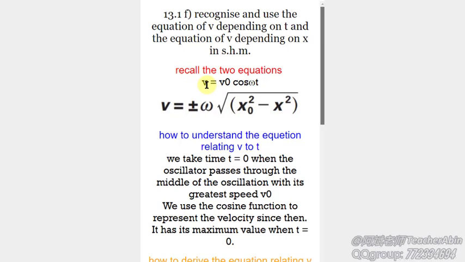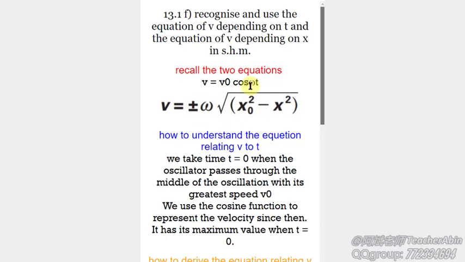So the v-t equation is v equals v sub 0 cosine omega t. And the v-x equation is v equals positive or negative omega times the square root of everything in the parentheses, which is x sub 0 squared minus x squared.